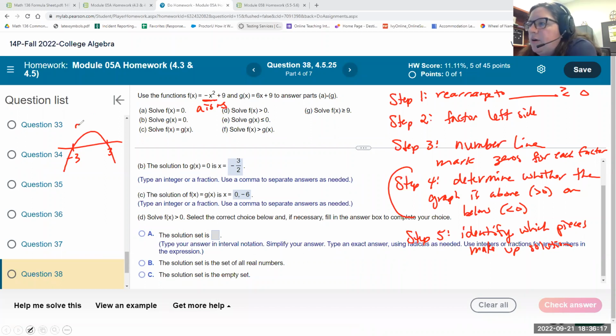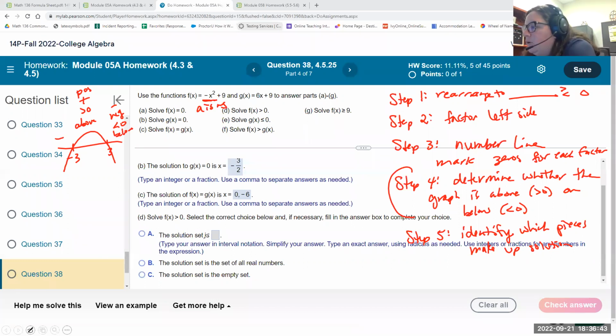So we have the graph above, so greater than 0 or positive, however you want to note that to yourself, in the middle, and then negative below, less than 0, below the x-axis on the outside pieces. I tend to just use a minus and plus to mark those, so I'll do that going forward whatever time we have left.